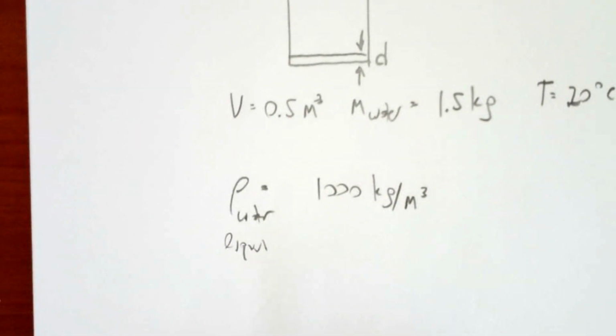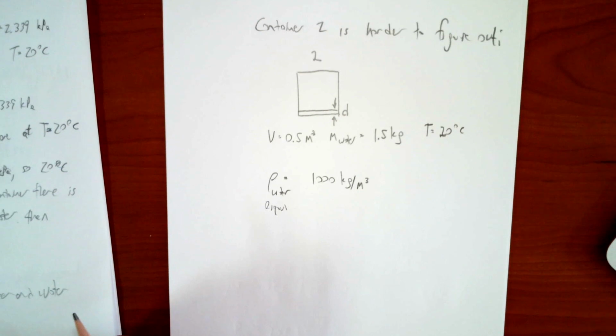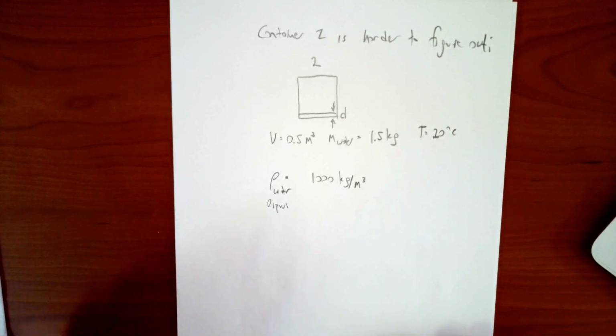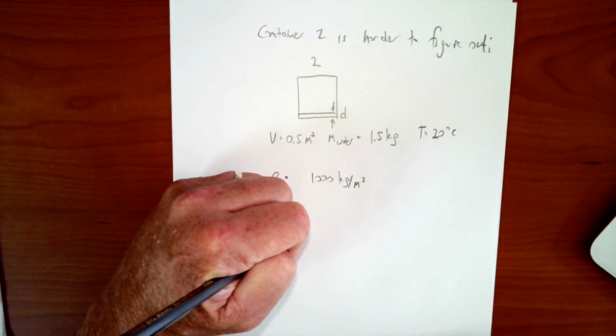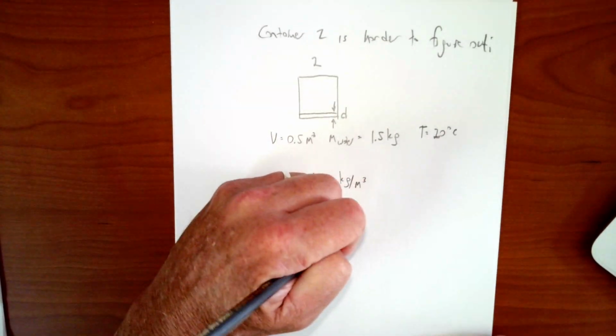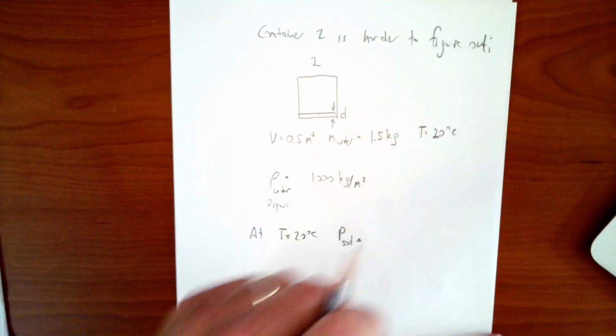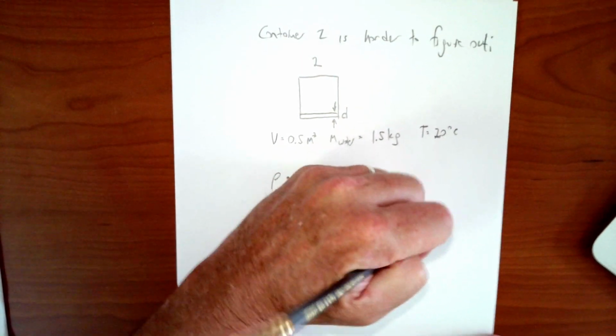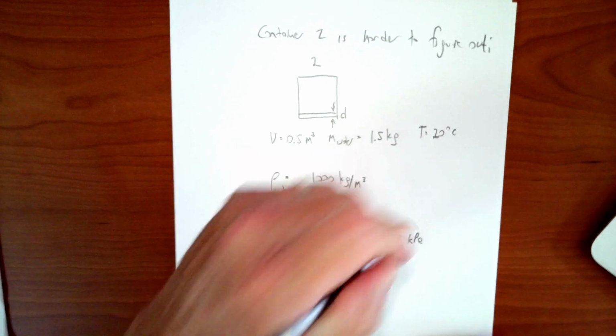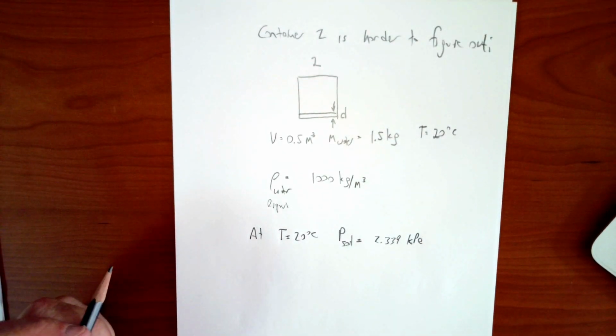We'll zoom back out. So at T equals 20 degrees C, P saturation is equal to 2.339 kilopascals.